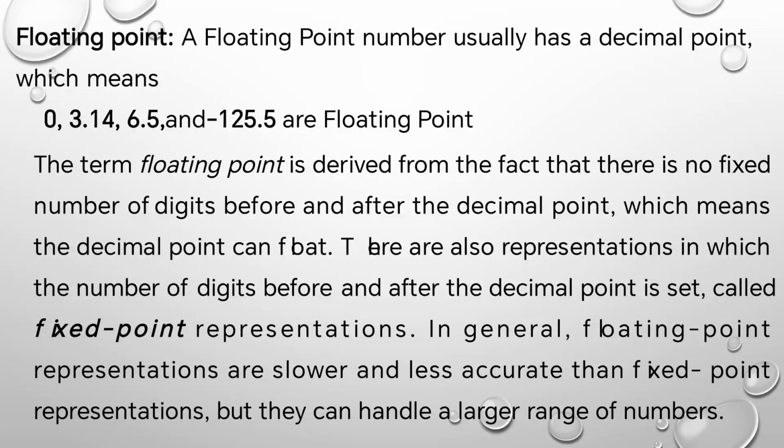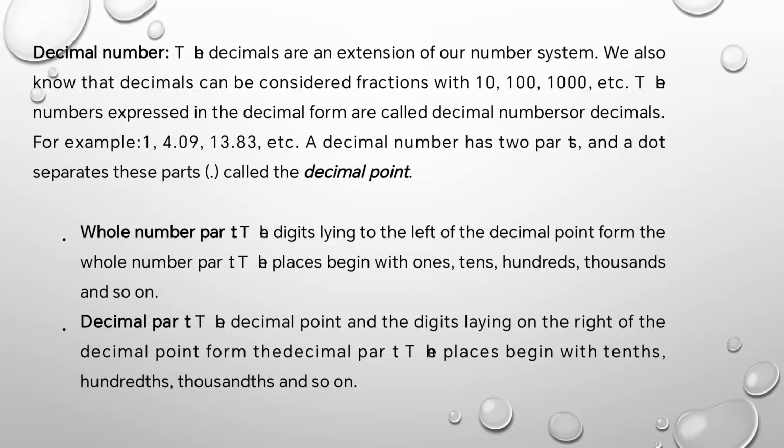There are also representations in which the number of digits before and after the decimal point is set, called fixed point representations. In general, floating point representation is slower and less accurate than fixed point representation, but it can handle a large range of numbers.